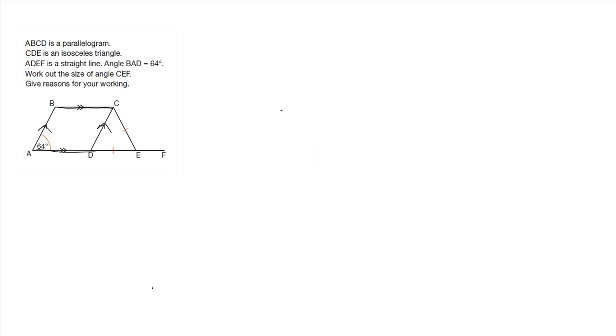Alright, ABCD is a parallelogram, CDE is an isosceles triangle, ADF is a straight line, angle BED is 64 degrees. Work out the size of CEF, this one. Alright, so we know that the opposite angles are equal to each other, like this, 64 degrees, and the alternate angle will also be equal, 64 degrees.